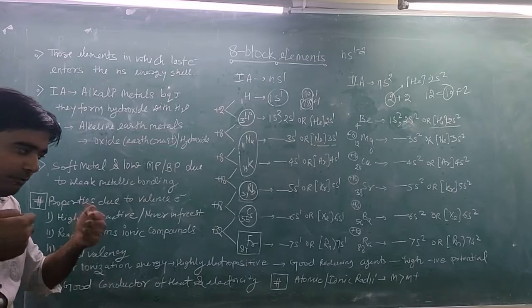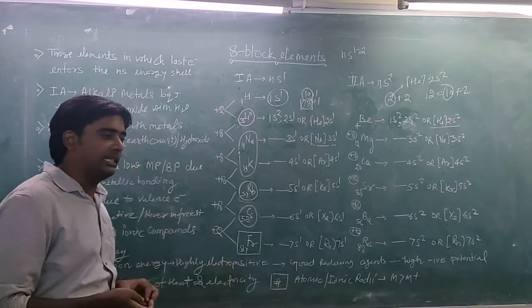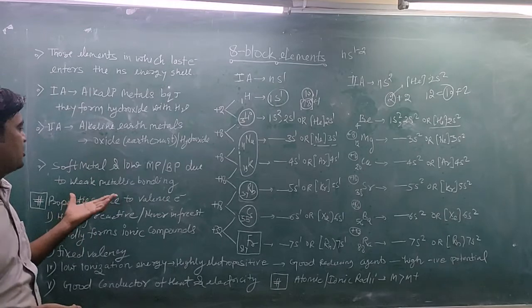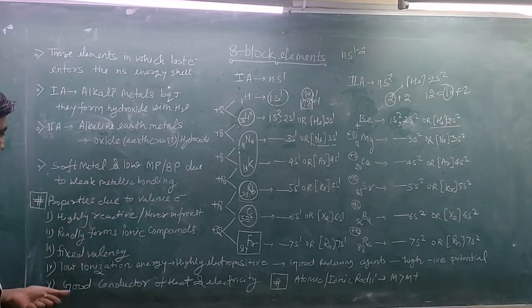There is not enough electron density to form a strong bond between two crystals of metals. So these metals are soft, with low melting and boiling points.